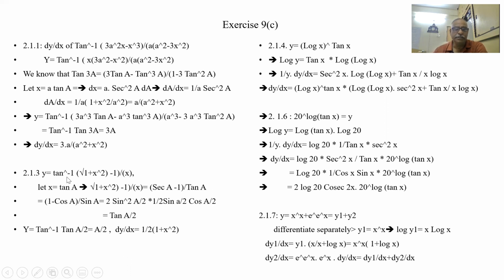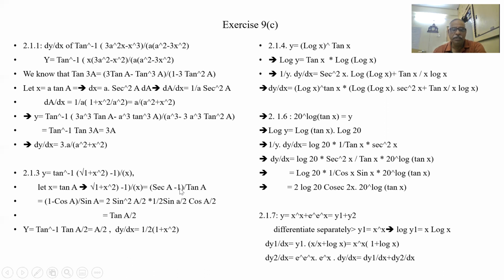Okay, let us see this. Tan inverse of root of 1 plus x square minus 1, by x. Let x is equal to tan a. So root of 1 plus tan square is secant square a, that is secant a, that is 1 by cos a. This is secant a minus 1 by tan a.